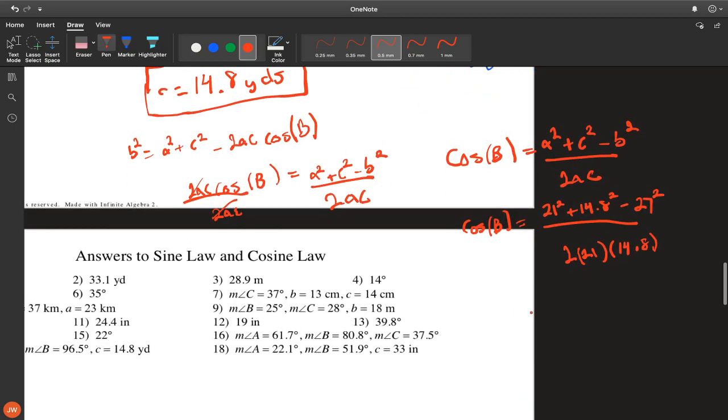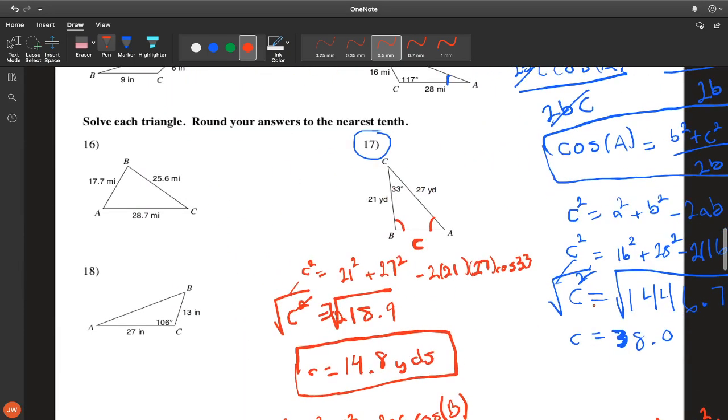Alright, moving on, we're going to have to plug this in. 21 squared plus 14.8 squared minus 27 squared divided by 2 times 21 times 14.8 is this, and just take the cos inverse of that, so second function, and after I move cosine over, b is equal to 96.4 degrees.